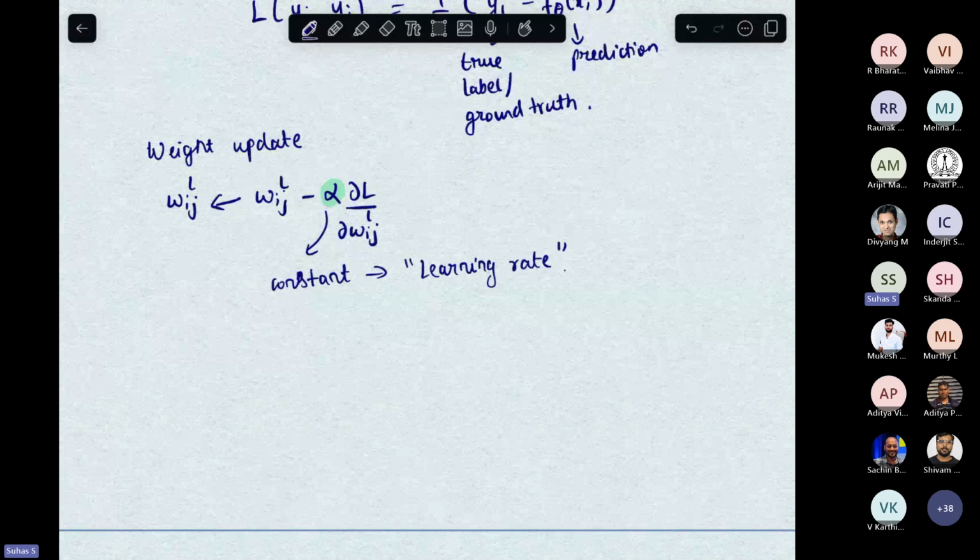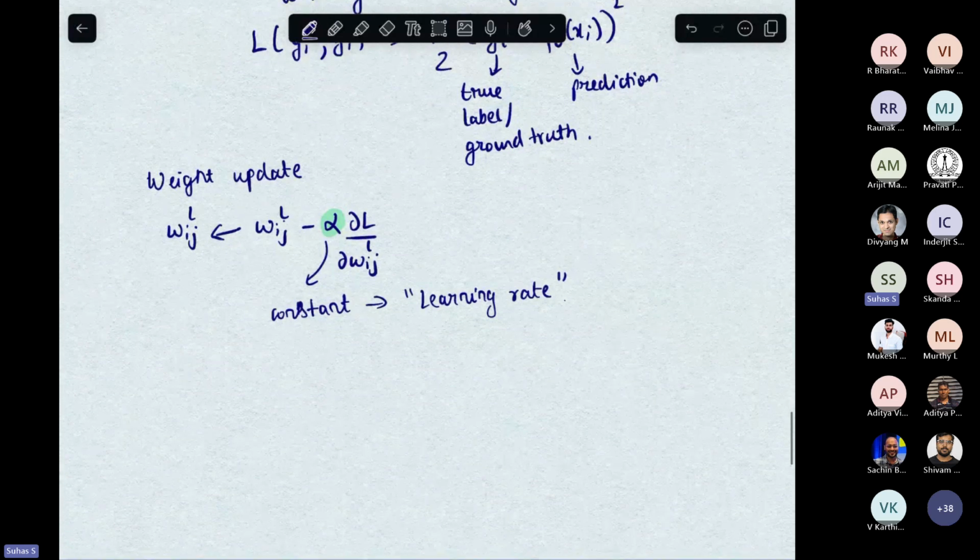What we basically want to do is update our weights in a way that a change in the weight reflects as a change in the loss function.